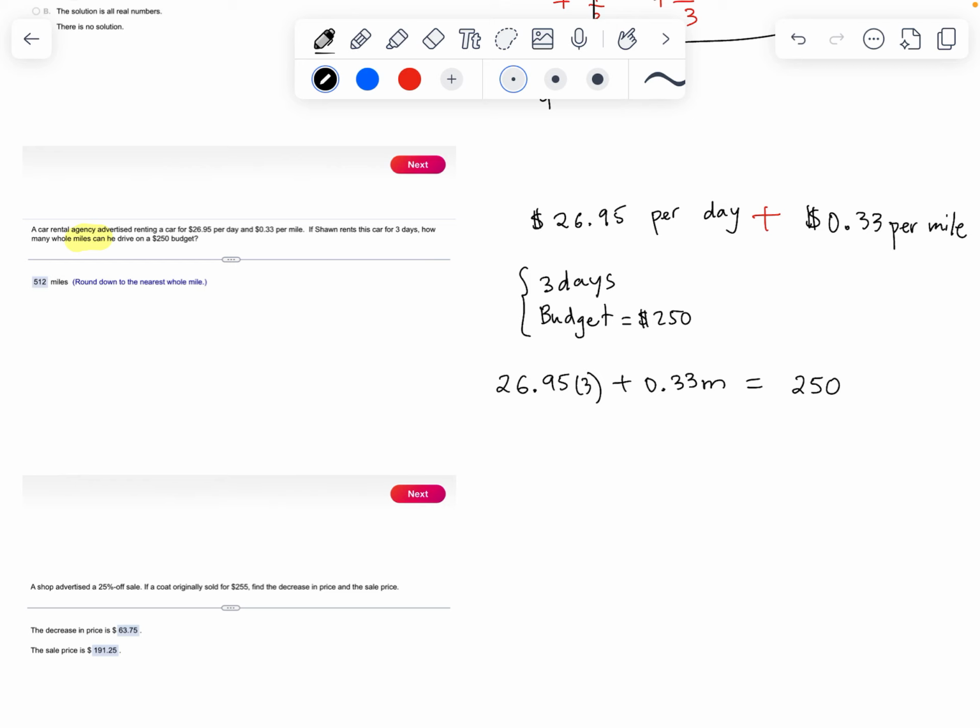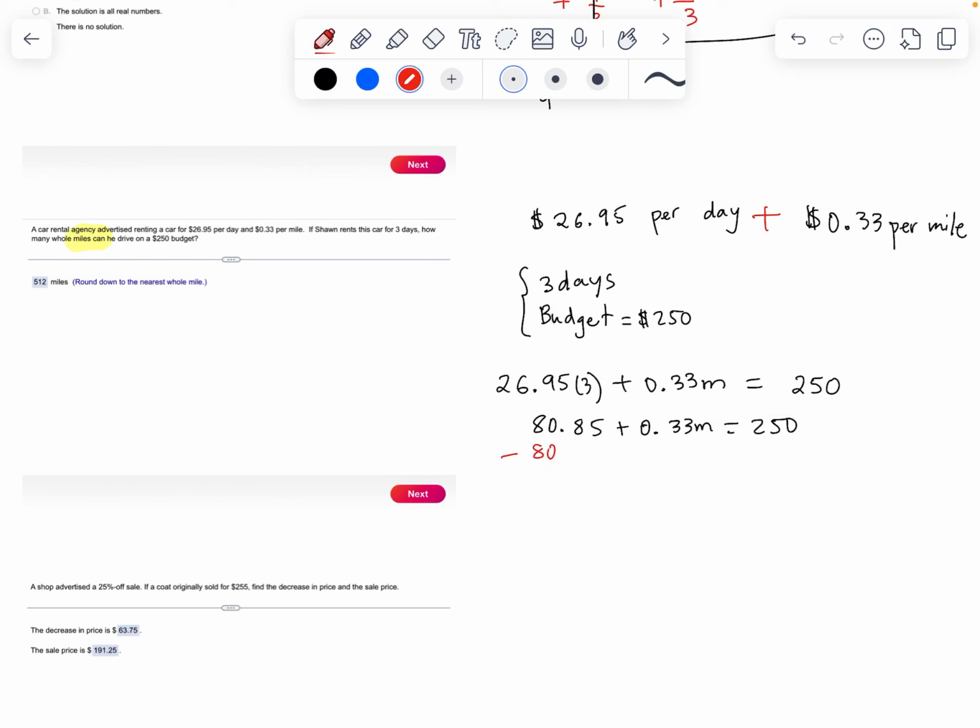So if you go ahead and use your calculator, you do 26.95 times 3, you get 80.85, plus 0.33m equals 250.